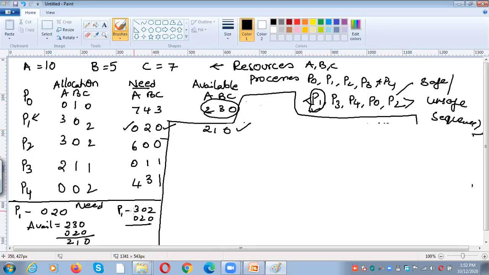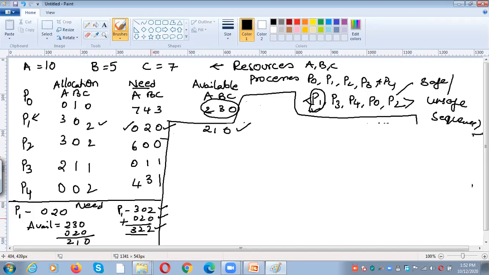So you are allocating 3 0 2 earlier and 0 2 0 now. How many resources are utilized by the process in total? 3 2 2. These are the resources required by P1. Earlier you allocated 3 0 2 and now 0 2 0, so the value is 3 2 2. That is the total number of resources allocated to P1. Okay.